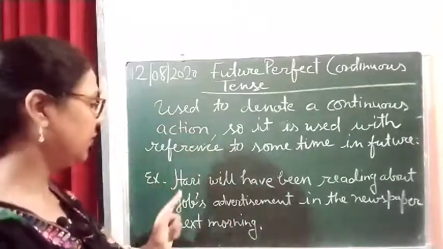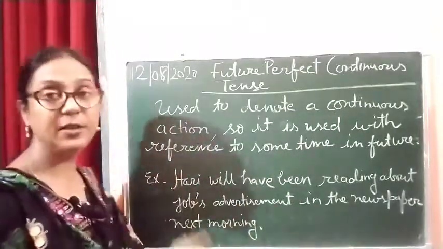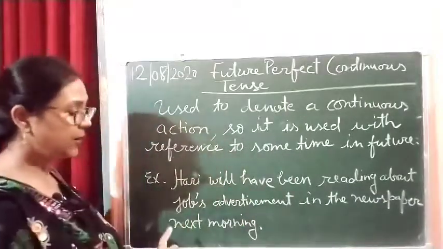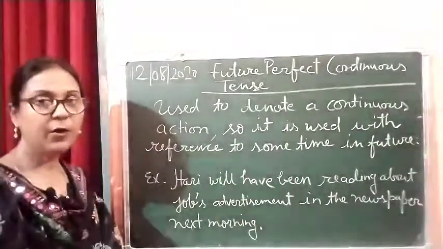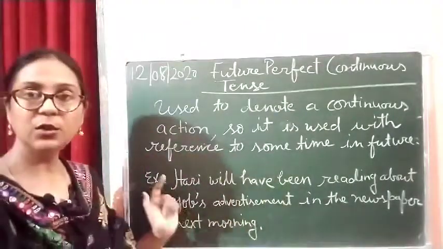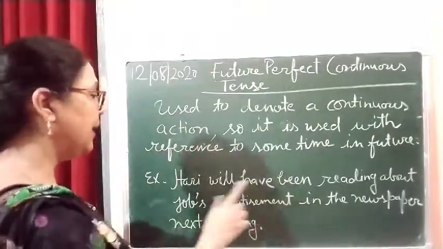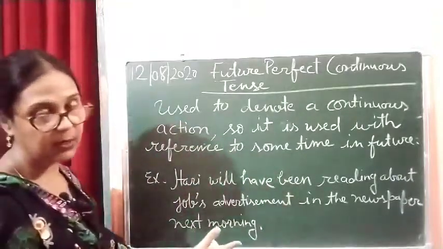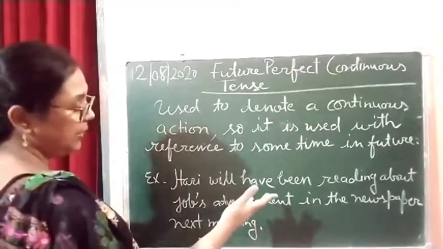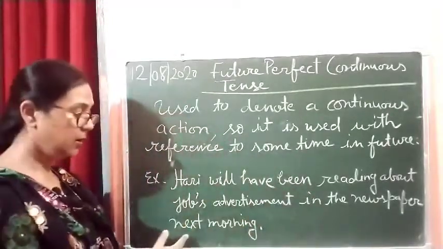Example I have written over here: Hari will have been reading about jobs advertisement in the newspaper next morning. So now here you can see, Hari will have been reading. This action is continuously going on about jobs advertisement. He will have been reading the jobs advertisement in the newspaper next morning.